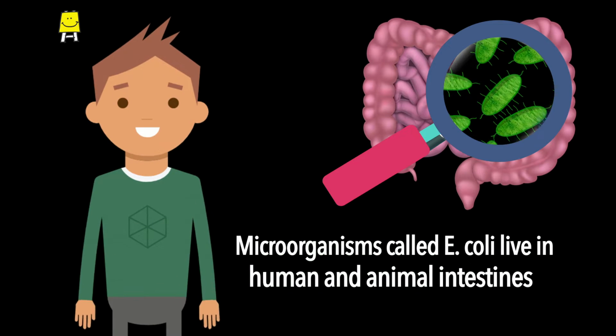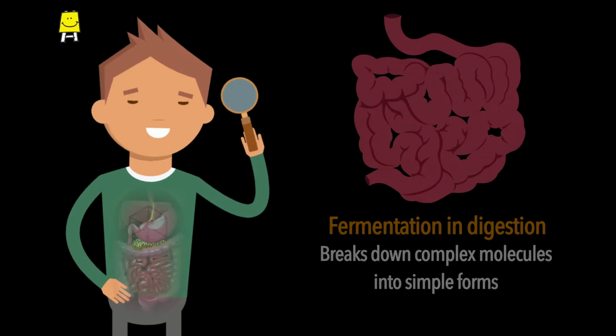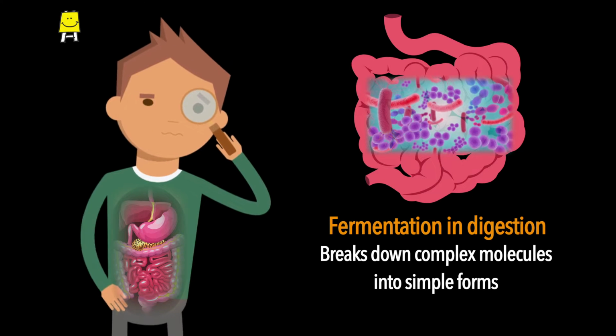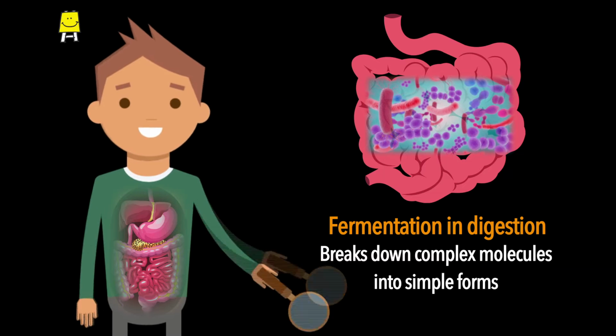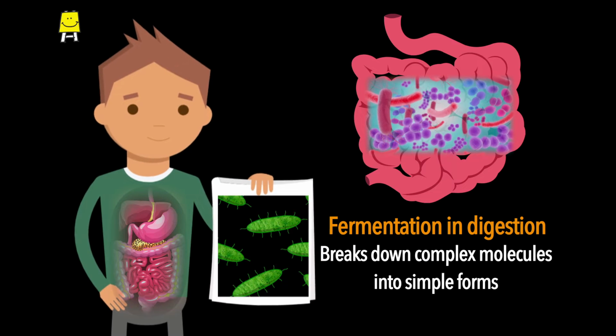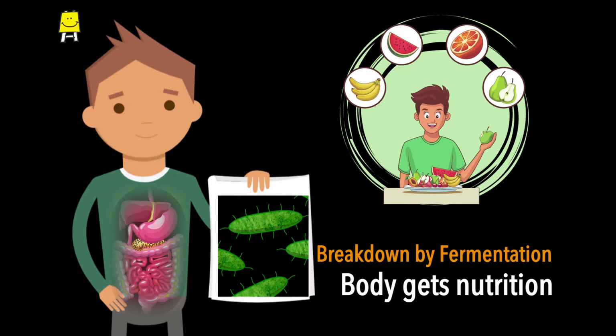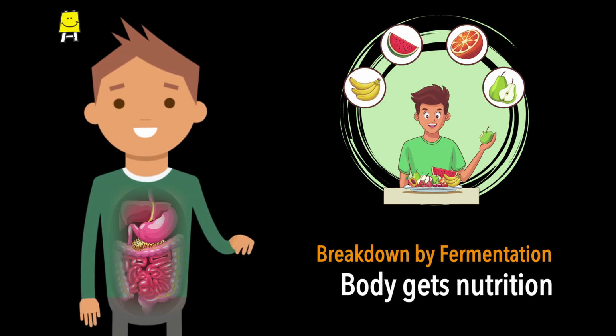Microorganisms called E. coli live in the intestines of human beings and animals. These microorganisms help to break down the complex molecules of carbohydrates present in our food and convert them into simpler nutrients that our cells can use.